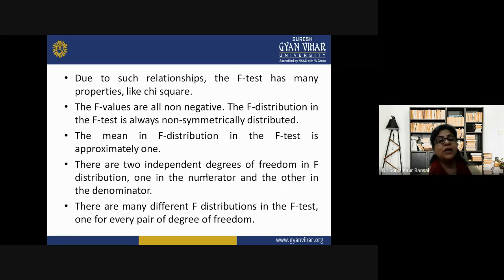Just remember, the mean in the F distribution is approximately 1. There are two independent degrees of freedom in the F distribution, one in the numerator and the other in the denominator. So denominator and numerator both have importance in the F distribution. There are many different F distributions in the F-test, one for every pair of degrees of freedom.